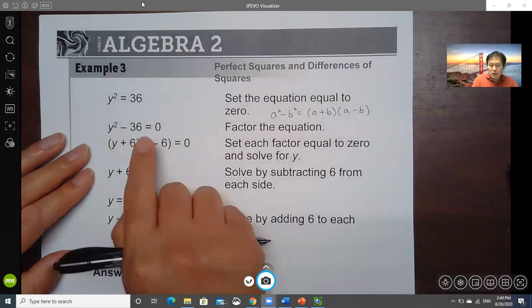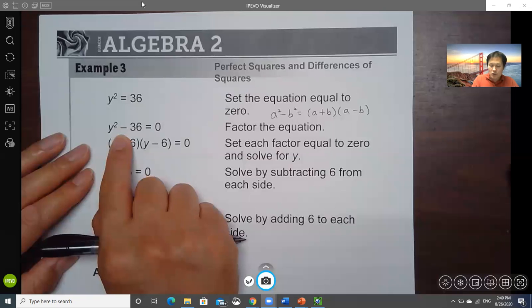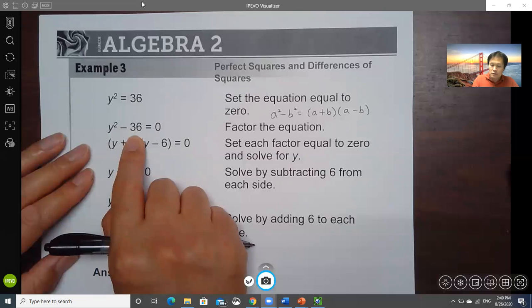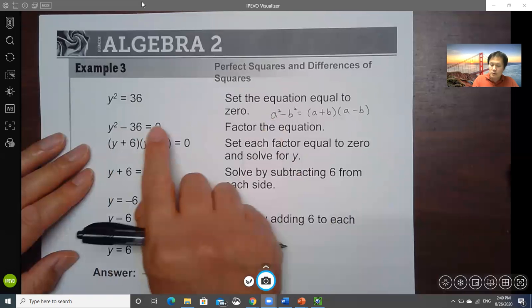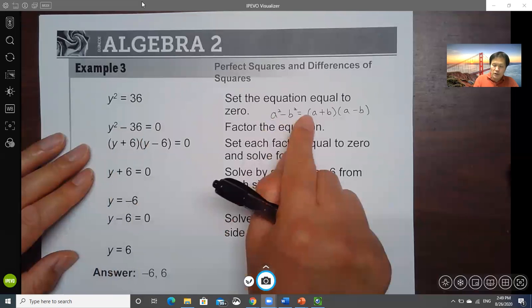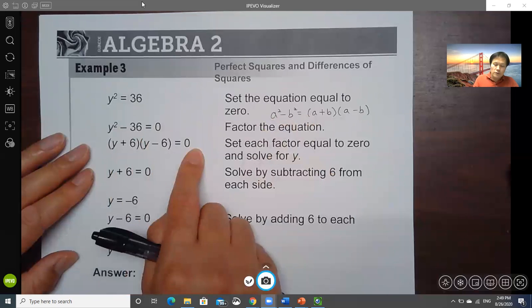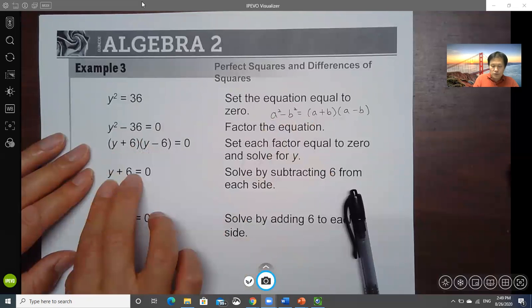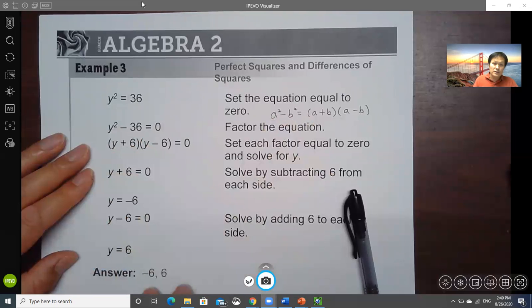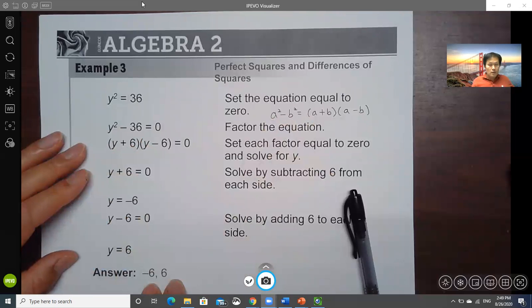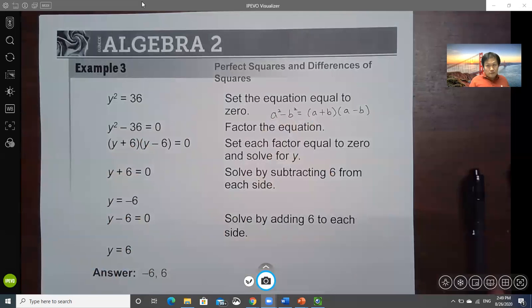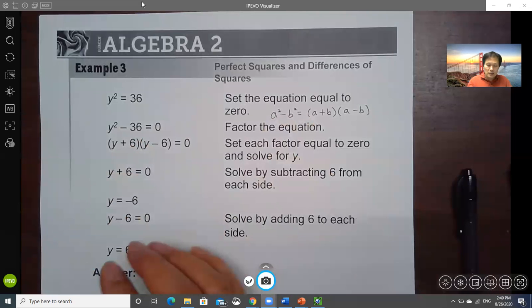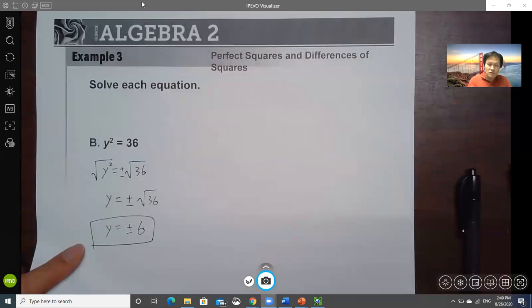So when you look at that as y squared minus 6 squared, y becomes a, 6 becomes b. So you get, applying this formula, this equal to 0. Then they say a factor times a factor. Each factor is equal to 0. Solve for y. They got these two answers. You can do that. When your setting is like this, for me, this is easier. Just solve for y. Done.